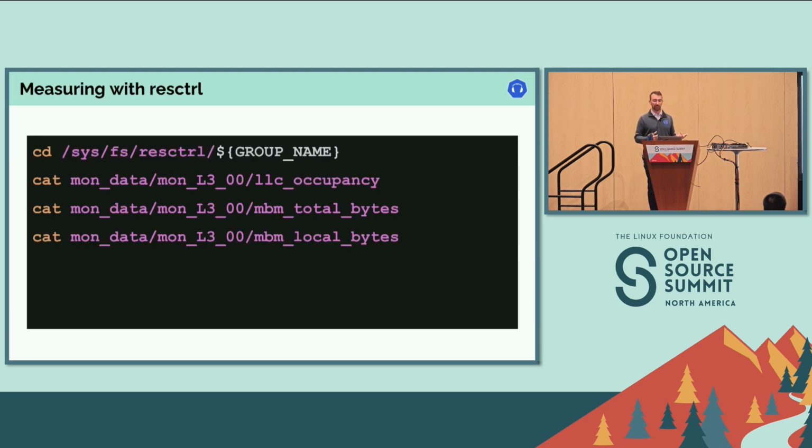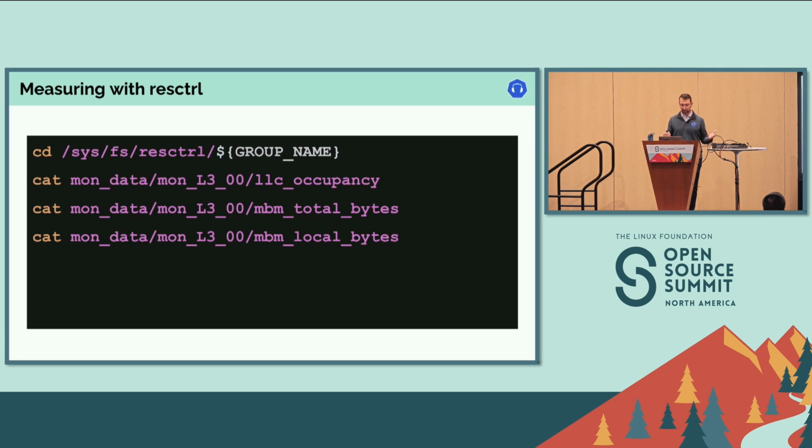How do you measure? Pretty simple as well. In that directory, you have a monitor data directory, which has cache occupancy, the total number of bytes in the local NUMA node, and total memory bandwidth in and out of the current NUMA node.